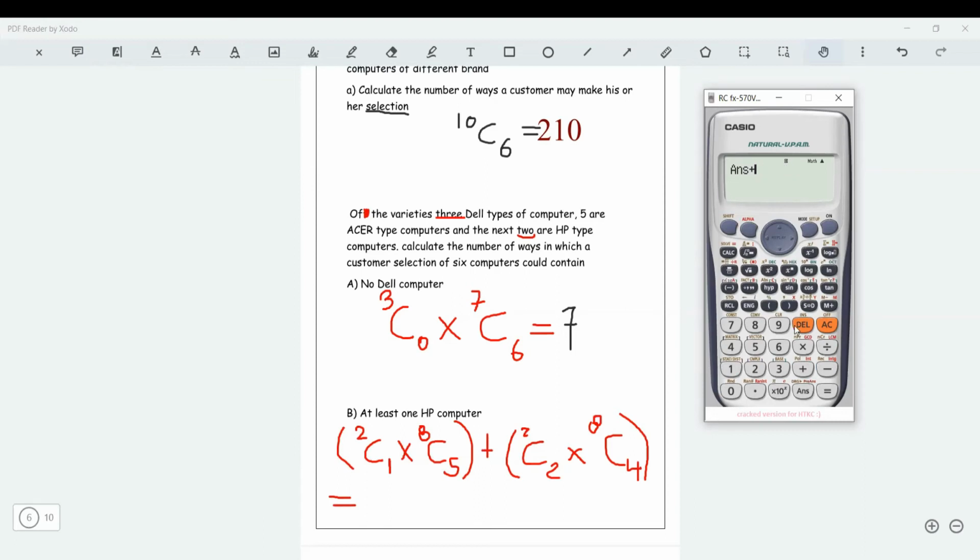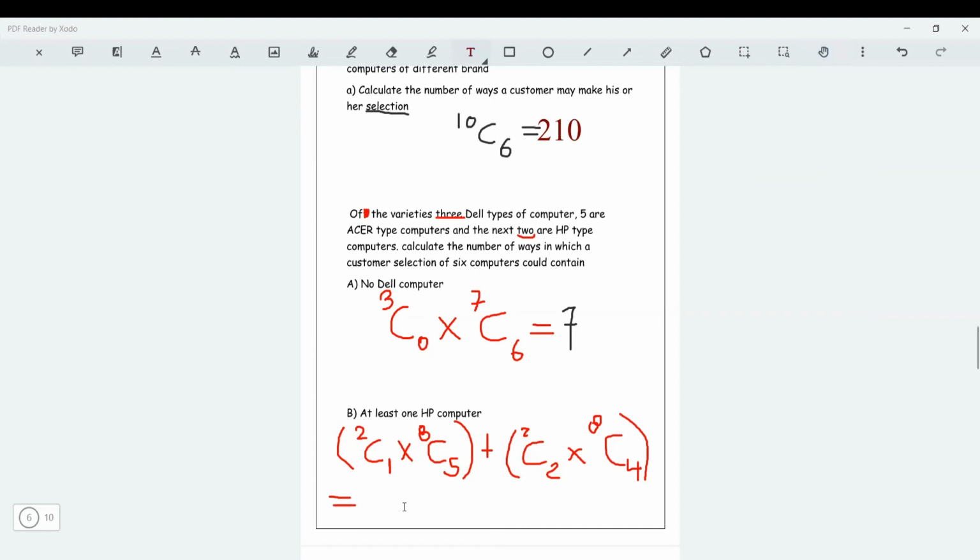Then we add that to, of course, 2 choose 2, and then we multiply that by 8 choose 4. We work that out and we get 182. Nice and easy. So 182 is the number of ways of choosing at least 1 HP computer.